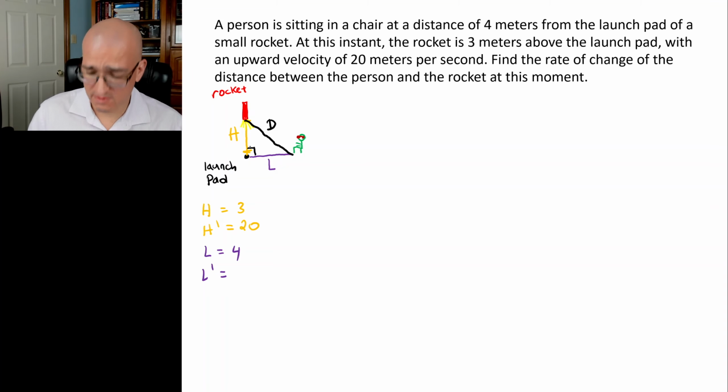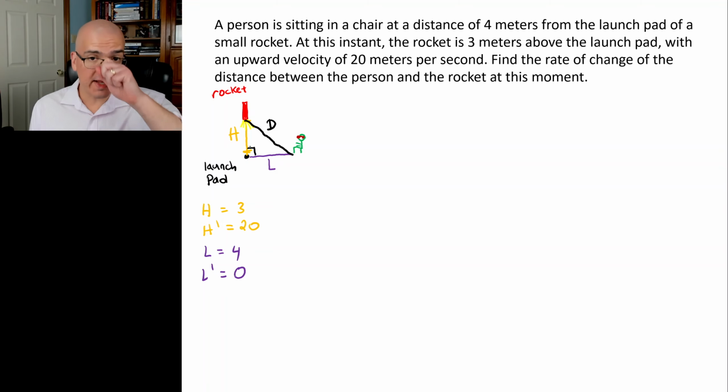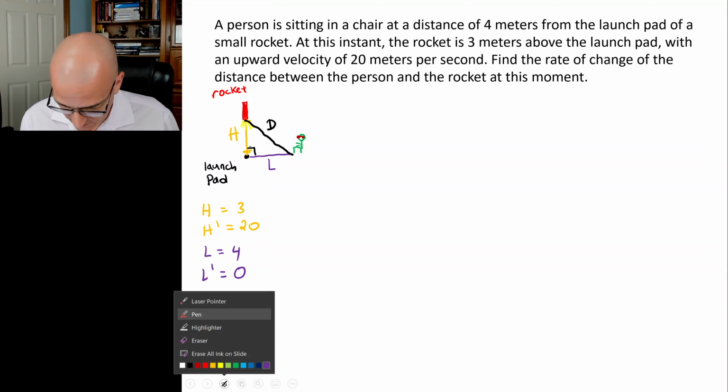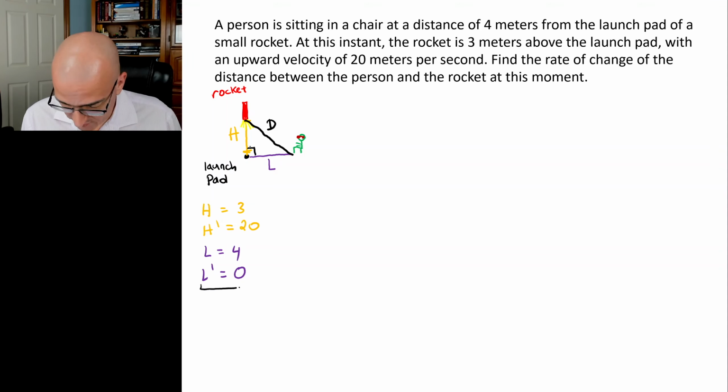L prime is 0. There's no rate of change of the distance between them. That's hidden information, and it's important. It's not well hidden, but it's still not directly told. The person is not moving.